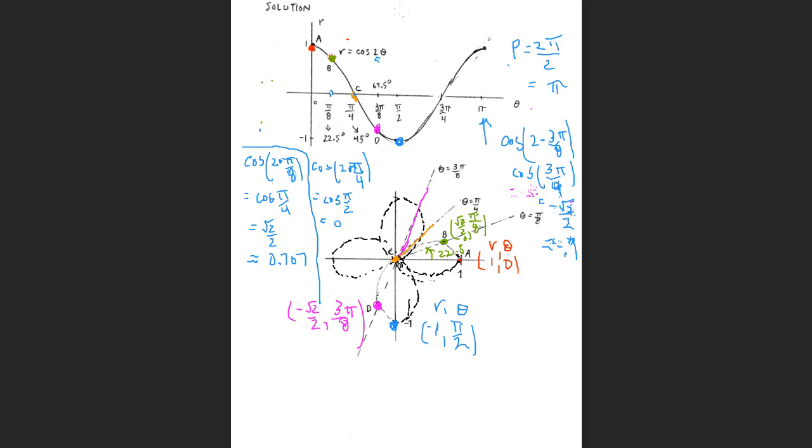If you graph r equals cosine of 2 theta in Desmos, you're going to get this 4-leaf rose.